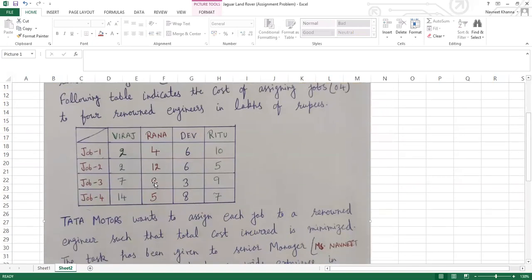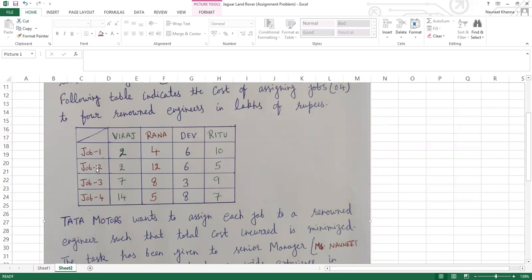So these were the 4 jobs, job 1, job 2, job 3, job 4. Each job is required to be assigned to one engineer, right? For example, job 1 can be assigned to either Viraj, Rana, Dev, or Ritu.